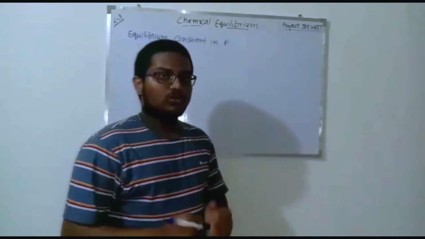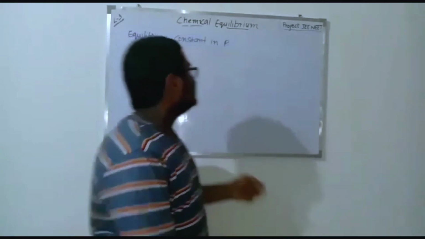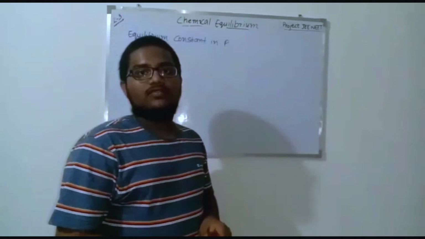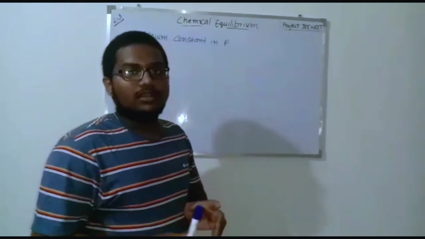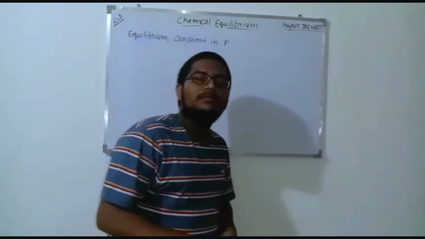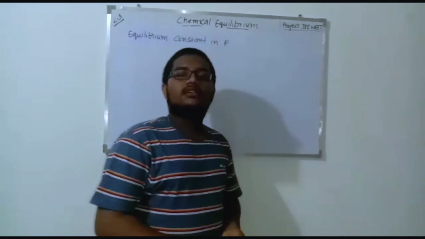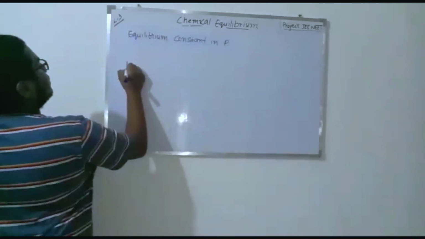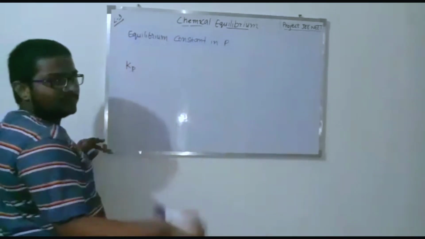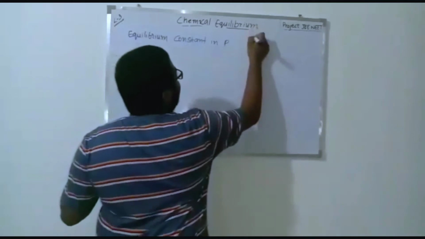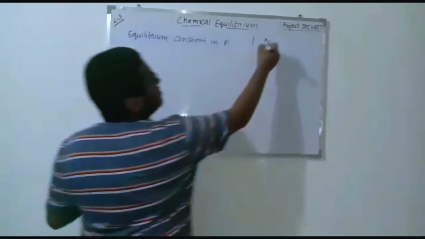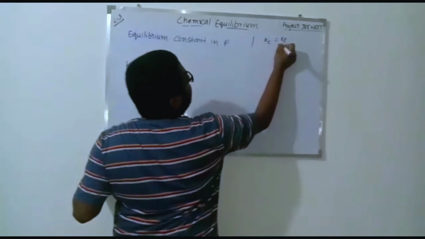We have discussed the equilibrium constant in terms of concentration and seen one example of how to apply it. Now we go to the next topic, which is the equilibrium constant in terms of pressure, that is, partial pressure. First of all, what is meant by the equilibrium constant and how is it expressed in terms of partial pressure? It is denoted by Kp. The equilibrium constant in terms of concentration is expressed as Kc, which is equal to Kf by Kb.